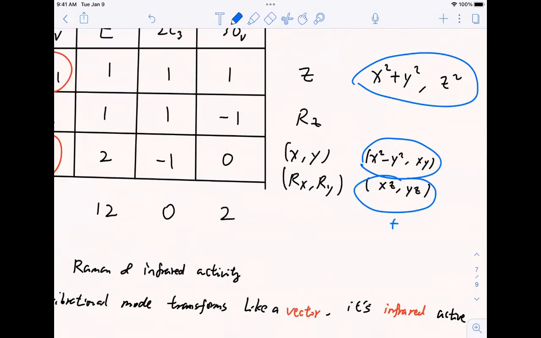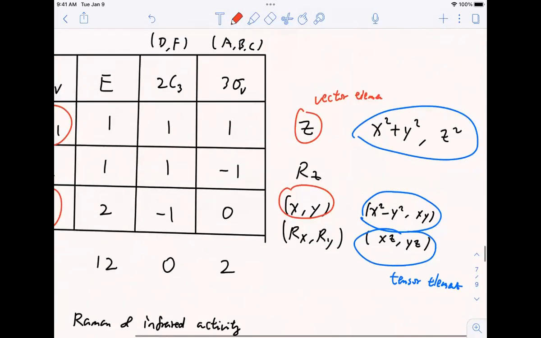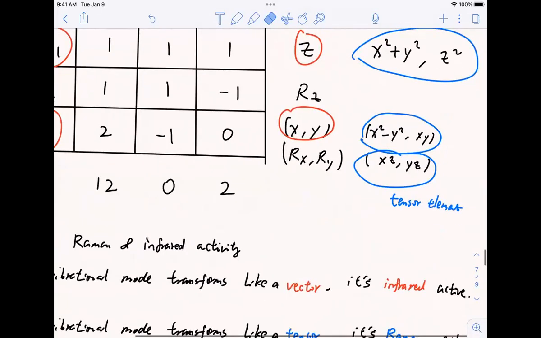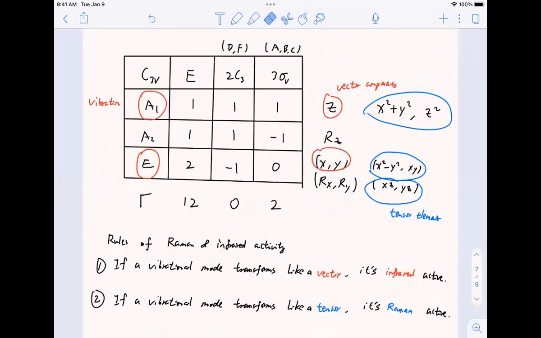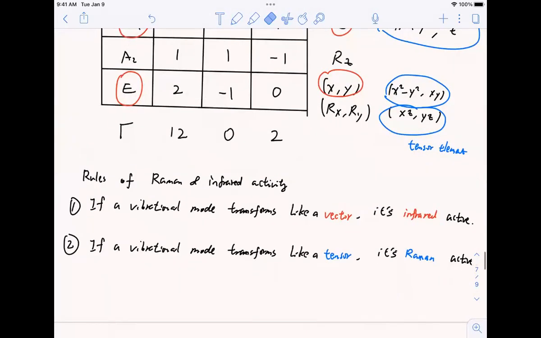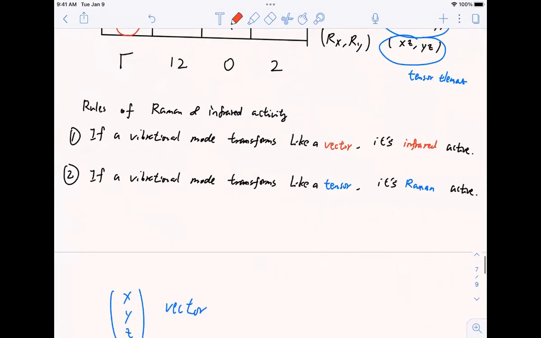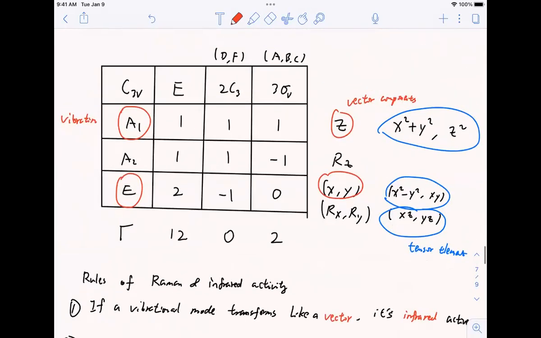And these are vector components. I should not say element, it is a vector component. So A1 transforms like a vector and also like a tensor.